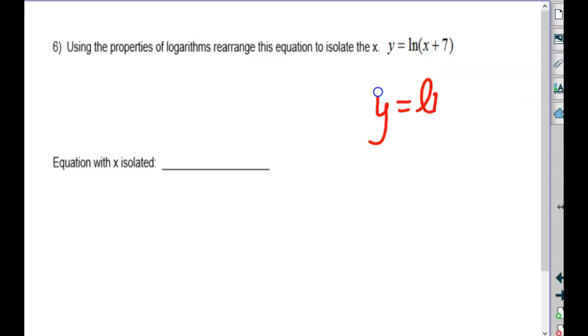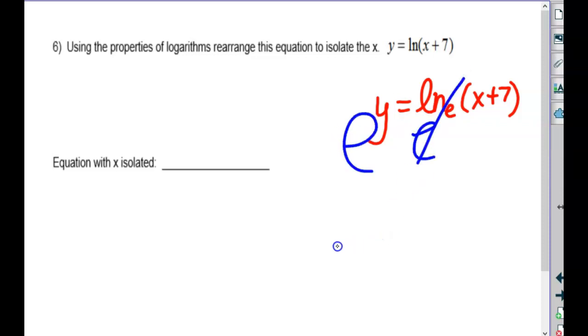Y equals ln, which means there's a little e. And you either think of it as a big E on both sides, which this undoes, or you just think of it as rewriting it. And then what? Yeah, put the 7 on the other side by doing what? Subtracting, yes.